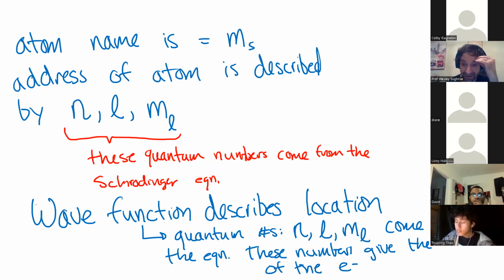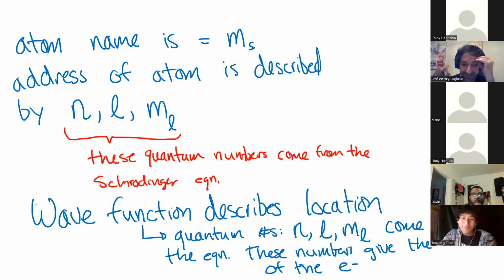That makes total sense. Location is equal to address, right? Your address is your location. Your location is your address. The wave function describes the location. The three quantum numbers that come from that equation are essentially the address of that electron. Makes sense, right? I hope.